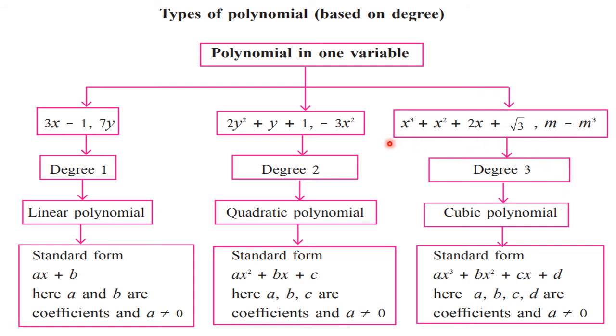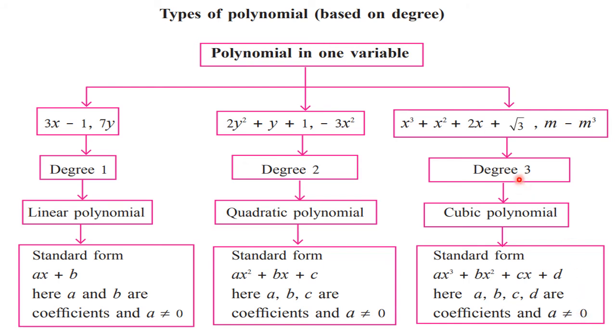The first example here is x cube plus x square plus 2x plus root 3. Here there are 4 terms. And the second example is m minus m cube. Here the degree is 3 but the number of terms is only 2. And the standard form we can now write as ax cube plus bx square plus cx plus d, where a, b, c, d are again coefficients, and again the condition is what? a cannot be 0.